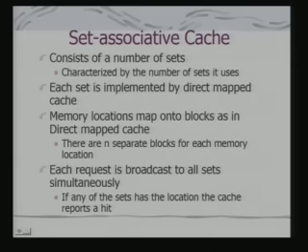And each request for an address is broadcast to all sets simultaneously. And if any of the sets has the location, the cache reports a hit. So, I hope you have understood why this arrangement minimizes conflict misses, because multiple locations now get mapped not onto a single location, but onto different cache blocks.